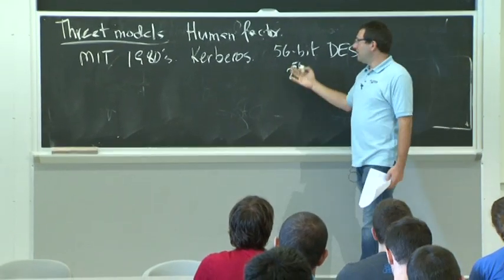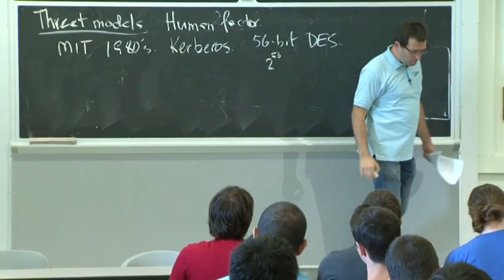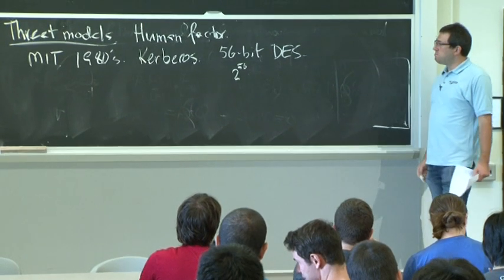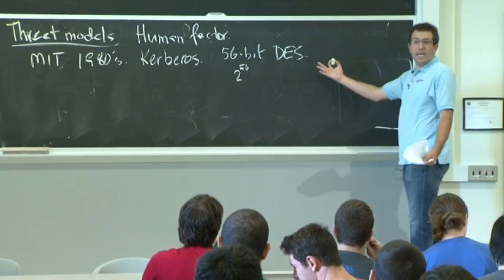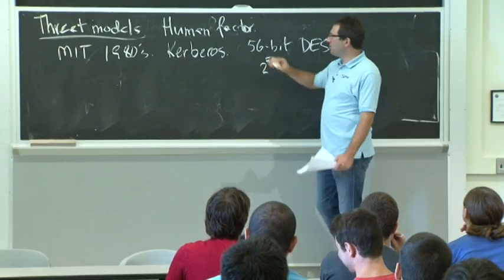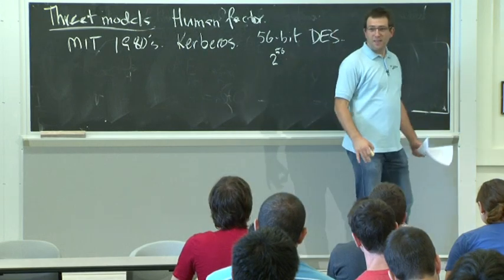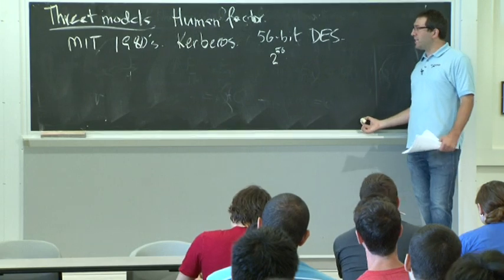And as a result, with the help of some hardware from a particular web service, we'll have some links in the lecture notes, they were able to get basically anyone's Kerberos account key in roughly a day. So this assumption was good in the mid-1980s, no longer a good assumption today. So you really have to make sure your assumptions keep up with the times.